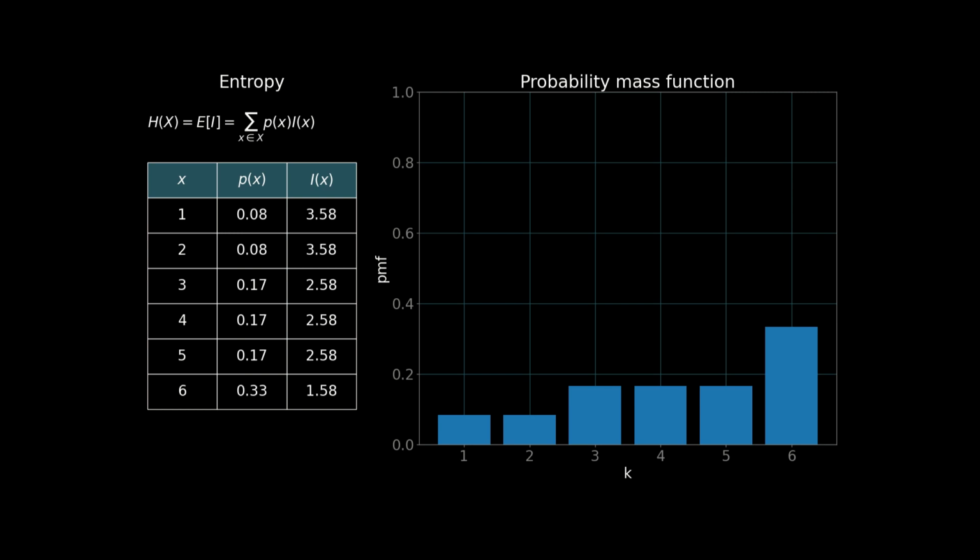But if we take an unfair die, where 6 is more probable than it should be and 1 and 2 are less probable, then for 1, 2, and 6, the information will be different than before. So if we want to calculate the entropy, we will have to use the formula.